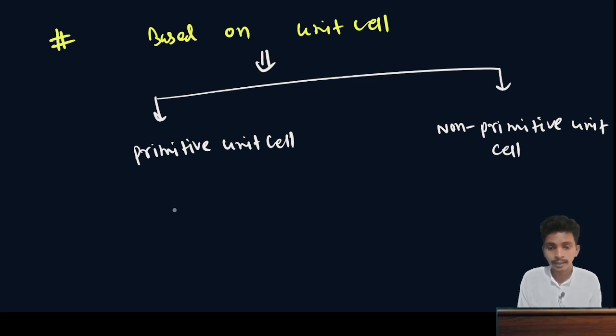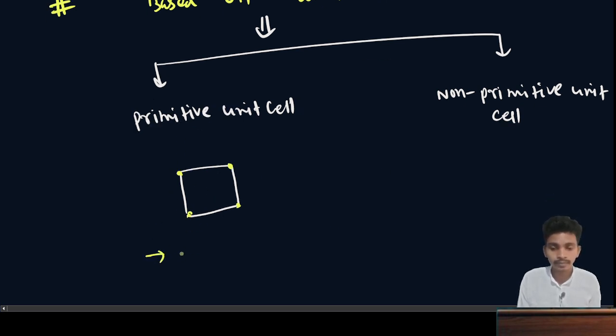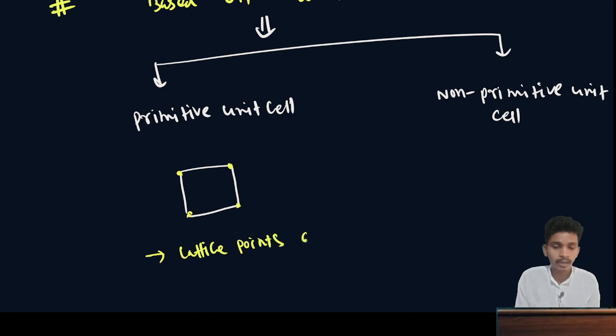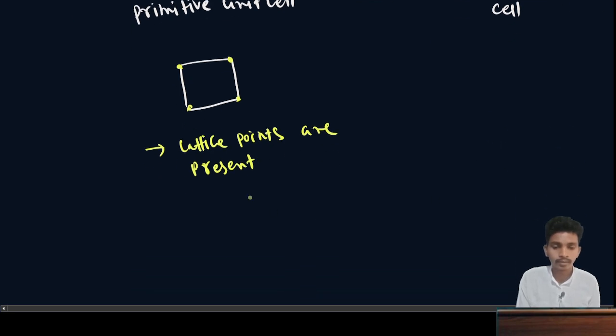Let's say if this is your unit cell, then the lattice points will be present only at these corners. So a primitive unit cell means that the lattice points, because a unit cell is made by lattice points, are present only at the corners. That is called the primitive unit cell.